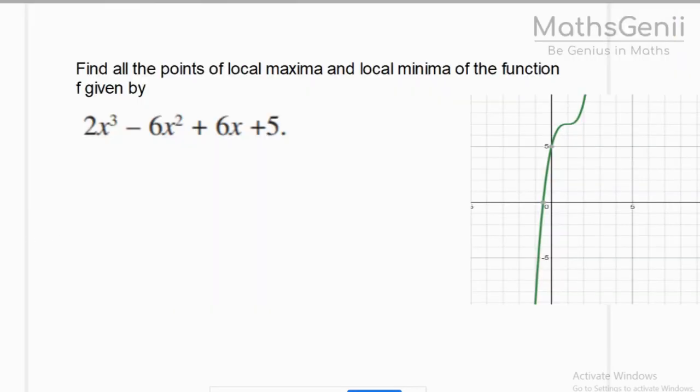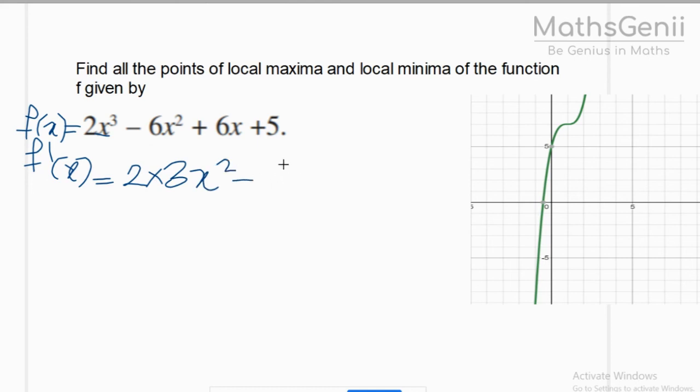Okay. Now find all the points of local maxima and minima. That is what it is asking me. What is the first step? f dash of x. Ignore the graph. I have put the graph for another purpose, but that I'll tell you at the end. So f dash of x I have to find. So 2 into x cube is 3x square minus 6.